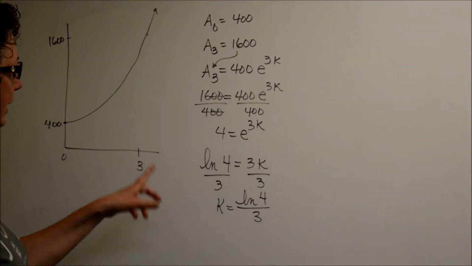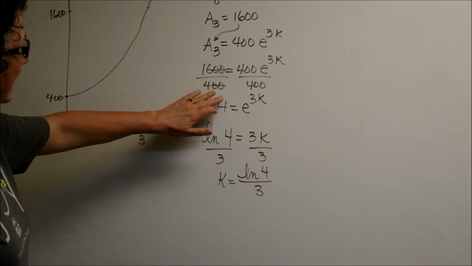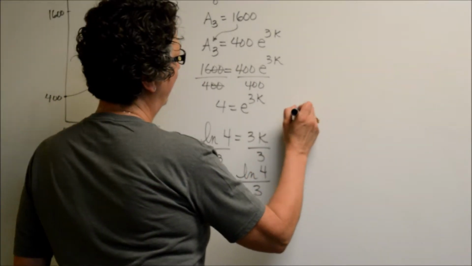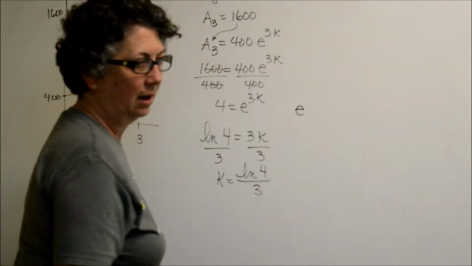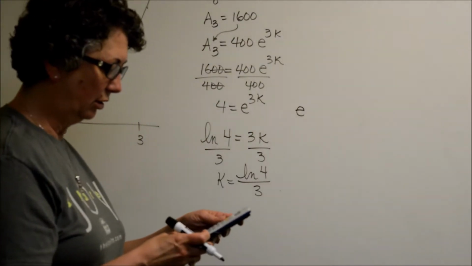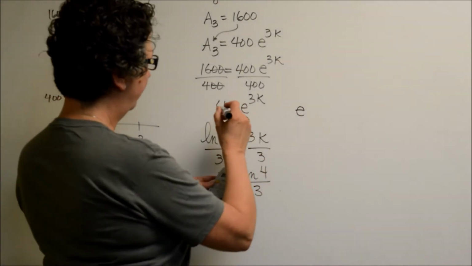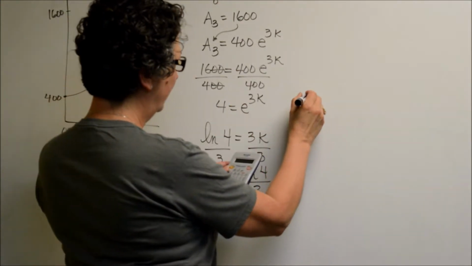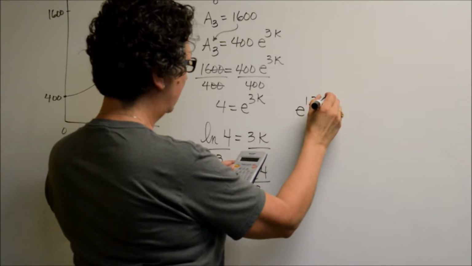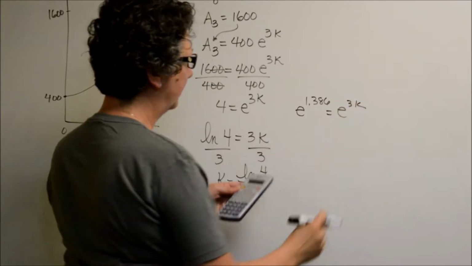Another way you can show this also is if I just ask, how can I write 4 with a base e? It's the same process. I'm just showing it a little different. So if I do natural log of 4, 4 is e to the 1.386 power, and that's got to equal e to the 3k.